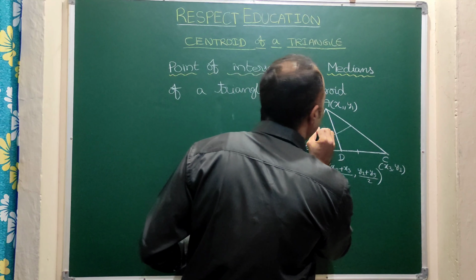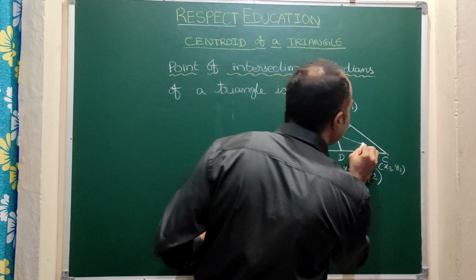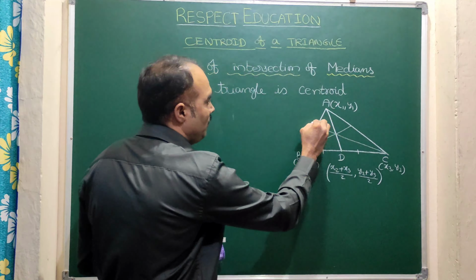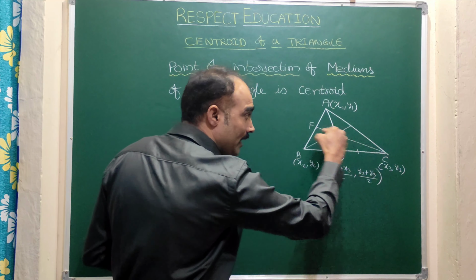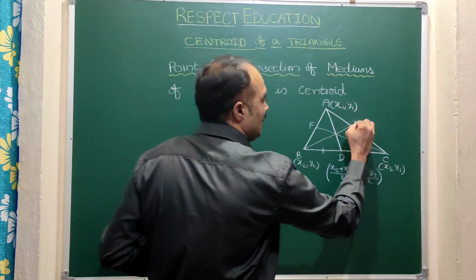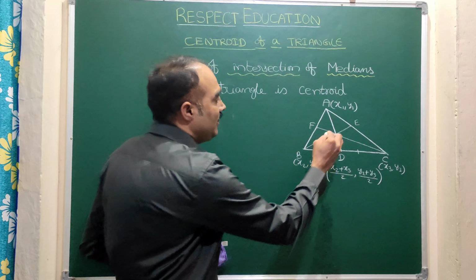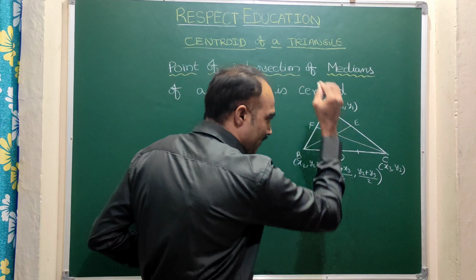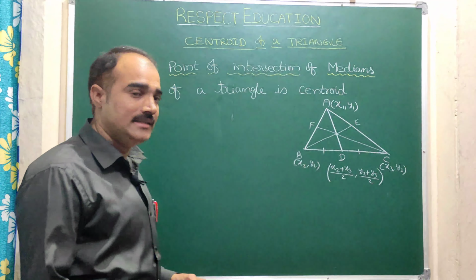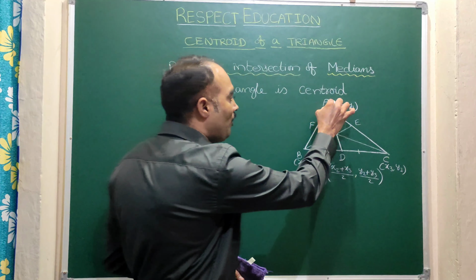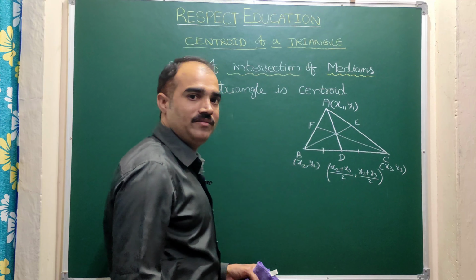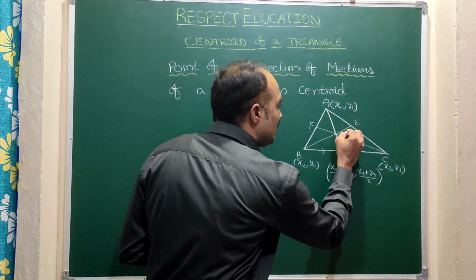Here you take one more midpoint, let us take it as F, and if you join this to C, one more median also will come. CF is median, BE is median. So here this point is called centroid, and there is a special point to be noted here. This is denoted by capital G.